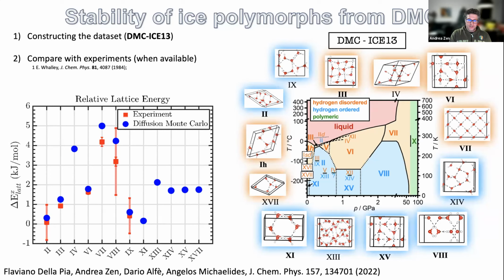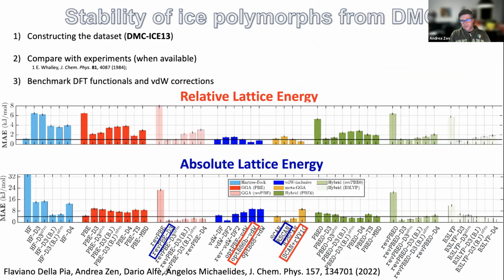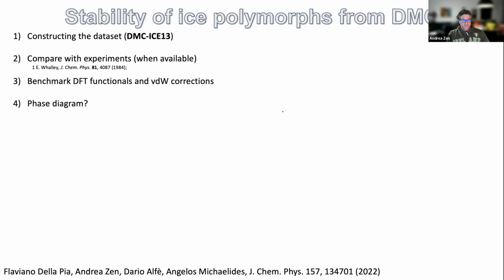So the error bars are indeed larger. Considering this uncertainty in the experiments, our DMC result seems to be quite good. And this result can of course be used to benchmark density functional theory and see which one is to be trusted the most. But can we say something about the phase diagram?